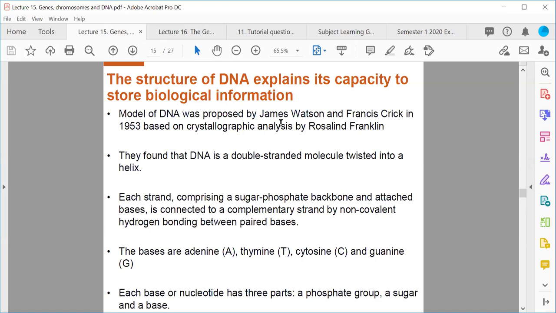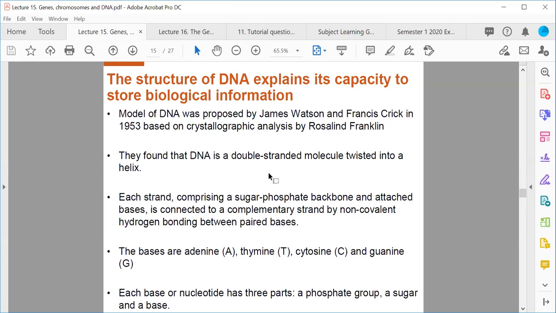And the story goes that James Watson and Francis Crick, or rather one of their research assistants, actually got a hold of this image produced by Franklin's lab, and they were able to quickly decipher what it meant in terms of DNA structure. So quite a story behind that. If you're interested, you can certainly find lots of information online.